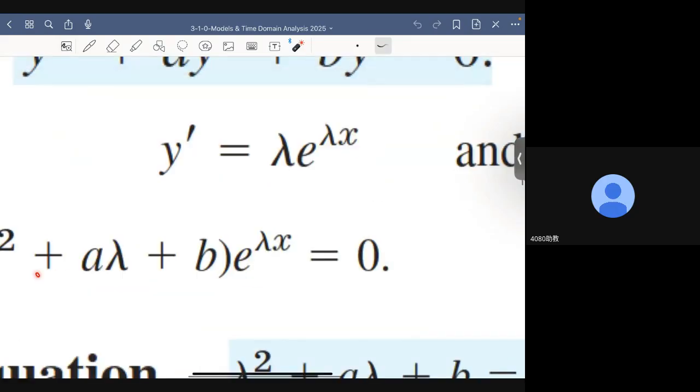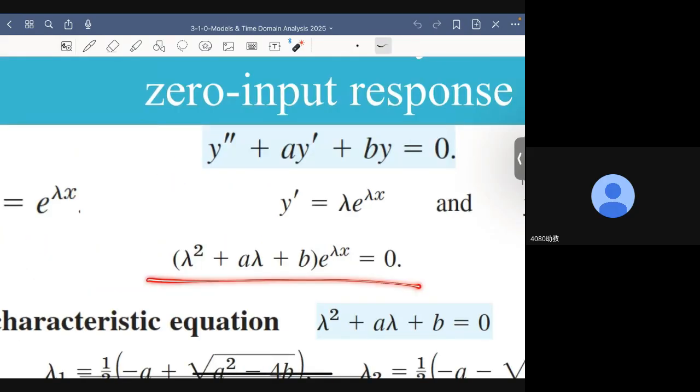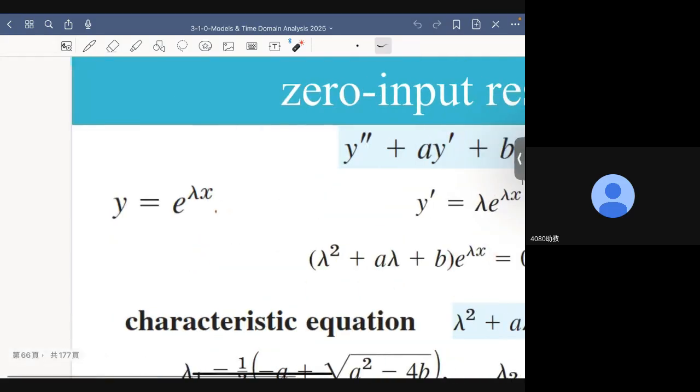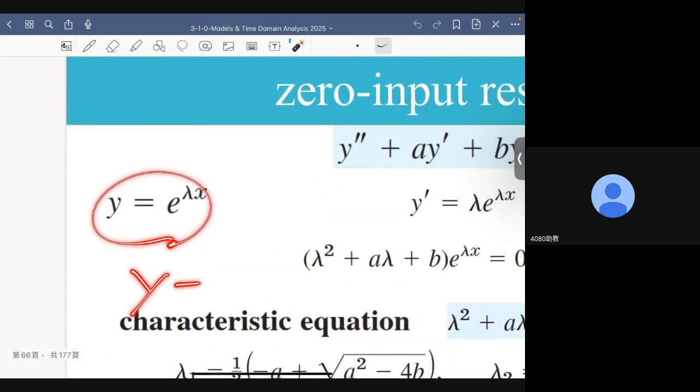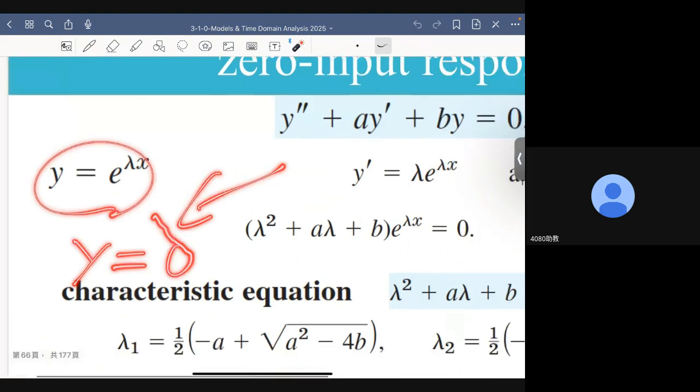Now, for this equality to be true, it can be shown that this polynomial has to be zero, because if the other factor is zero, what we have is y equal to 0. It is a solution, but it is a useless solution. That is the reason why we call such a solution the trivial solution, right?